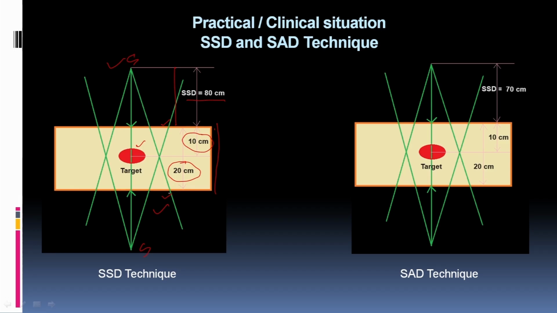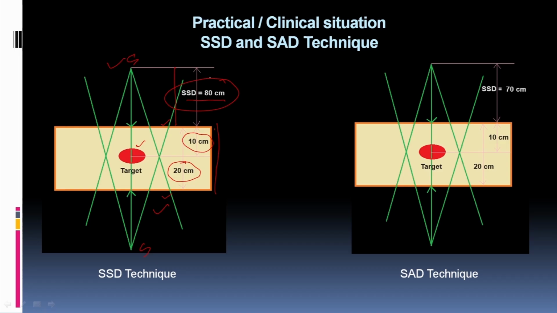So they are parallel opposed field settings. Here we keep the distance of 80 centimeter fixed for both fields. This is the SSD technique, and during the SSD technique we use the central axis parameter, percentage depth dose.